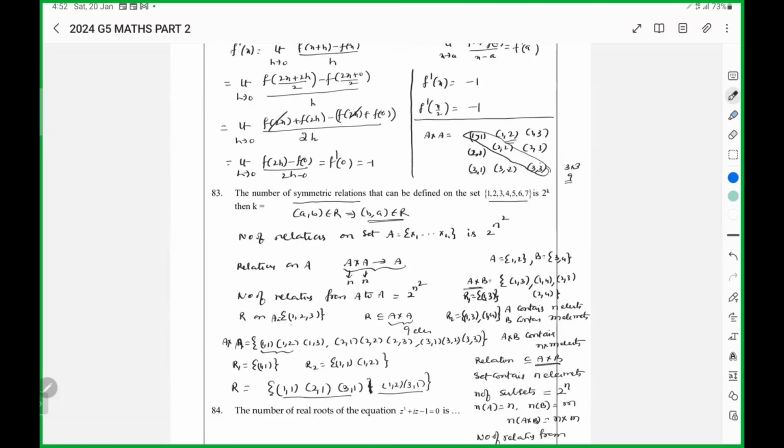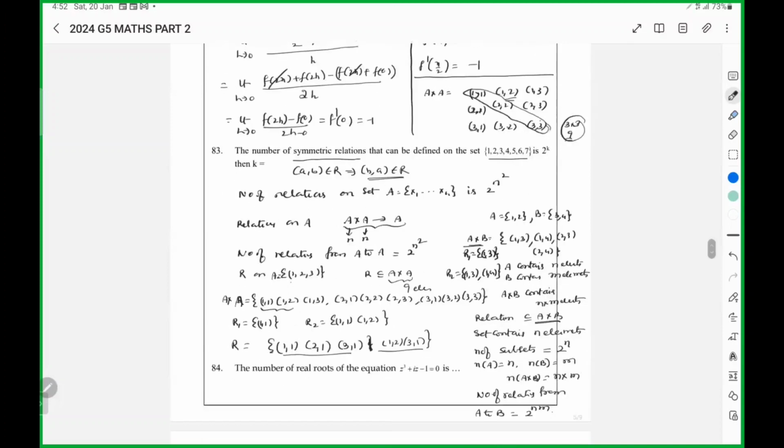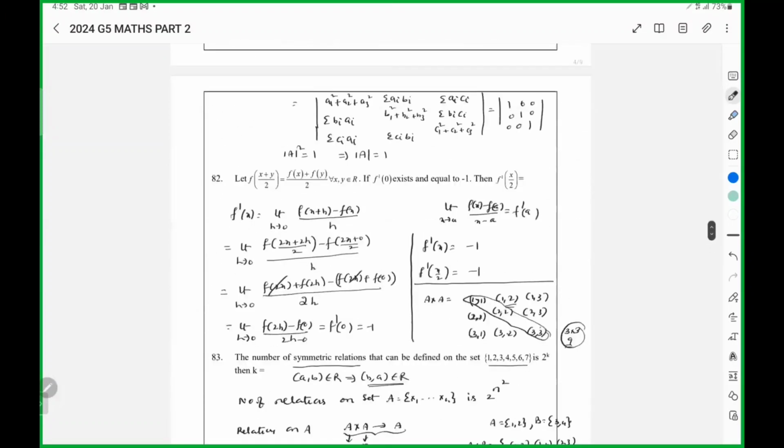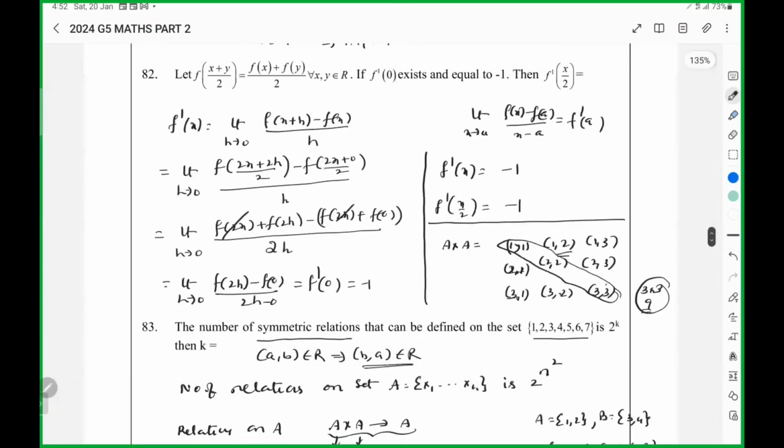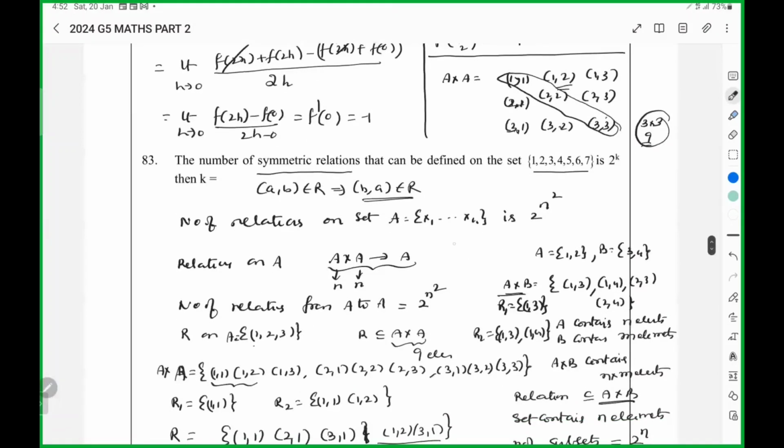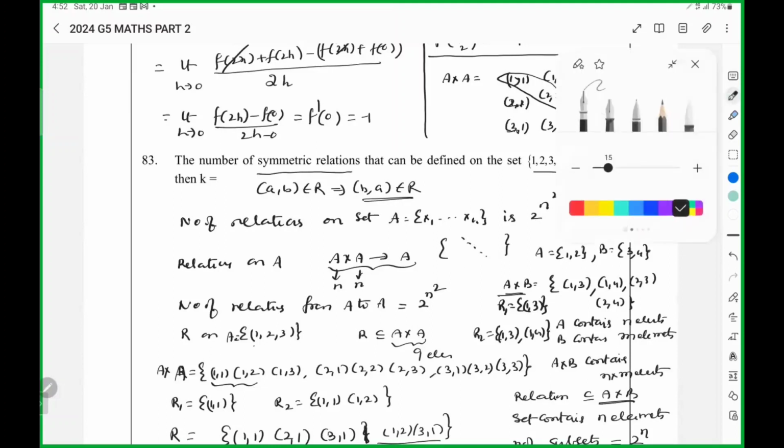So for a symmetric relation, if it is 3 by 3, here A contains 3 elements, A cross A contains 9 elements. Now A contains say n elements. Here along total n square elements are there.